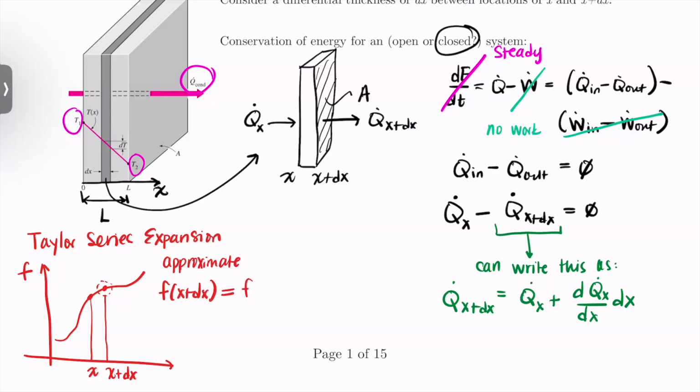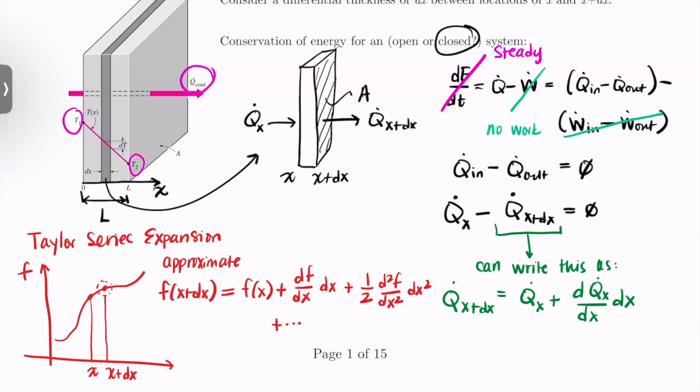So I can say, well, it's equal to the value of f at x plus the derivative of f with respect to x times dx plus 1 over 2 second derivative of f with respect to x dx squared, and so on and so forth.